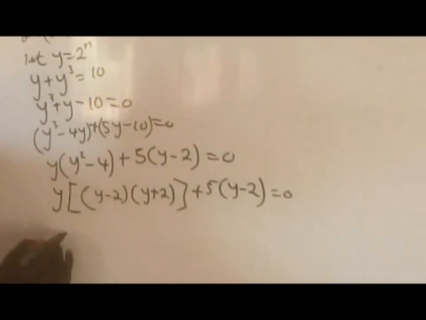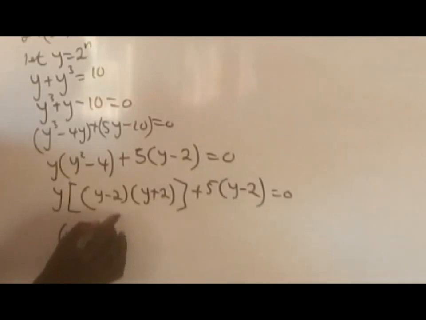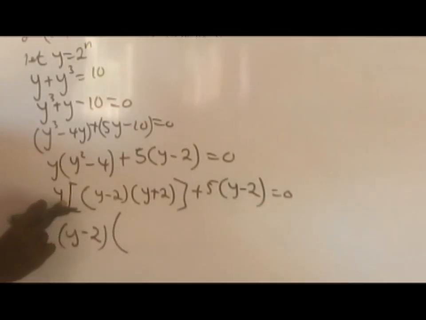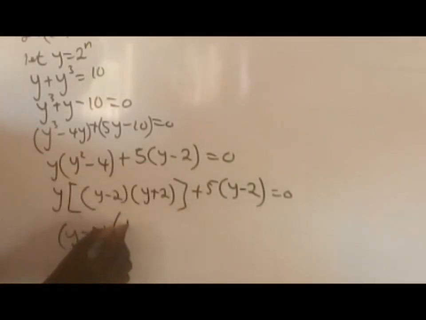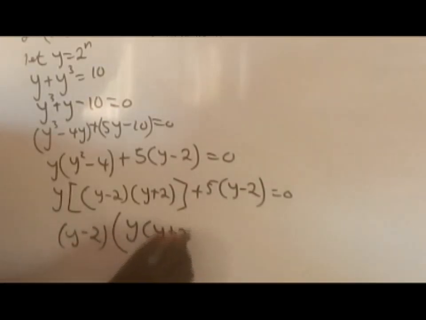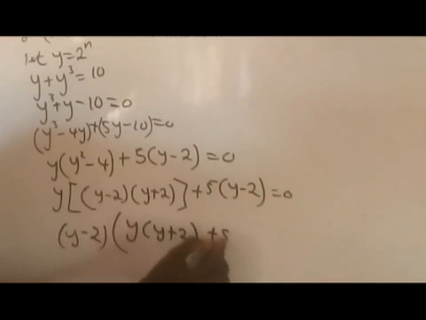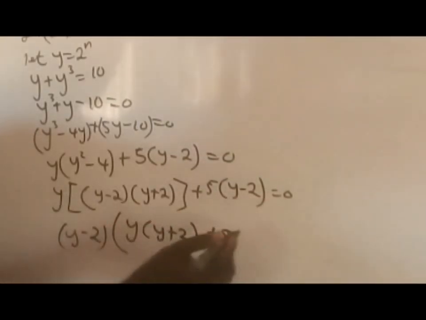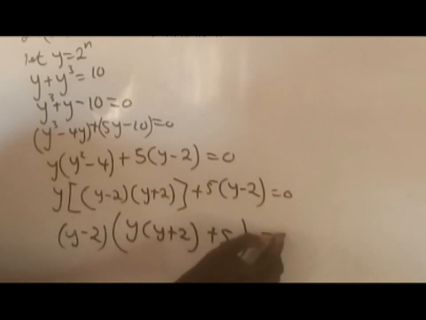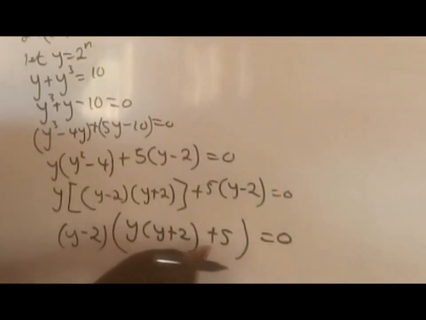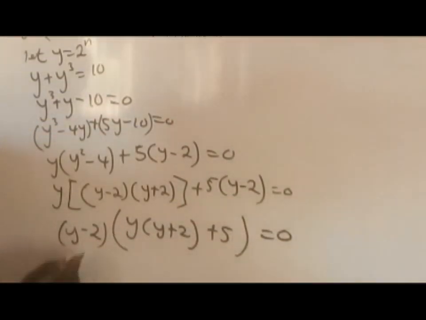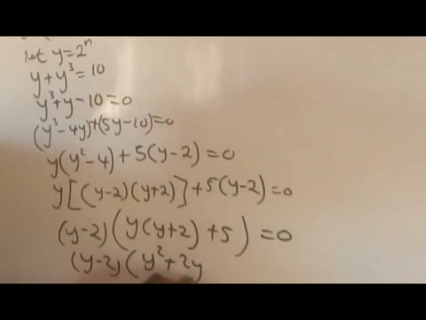We have y minus 2 outside, then into y into y plus 2, plus 5, because y minus 2 is already outside, equals 0. Expanding this bracket, we have y minus 2, then into y squared plus 2y plus 5, equals 0.